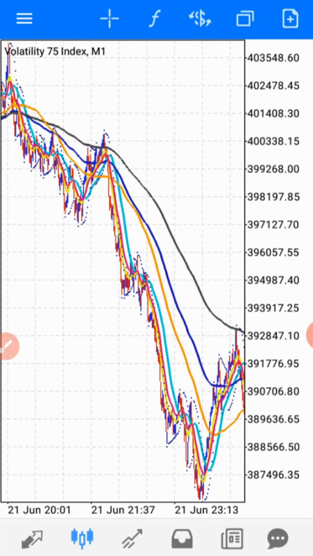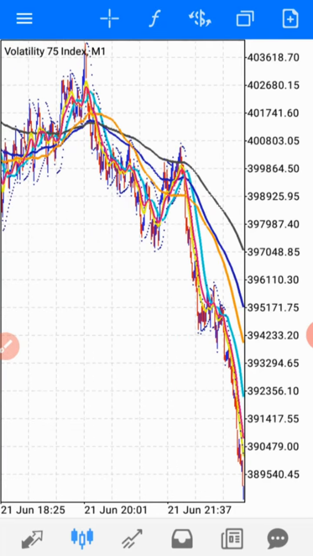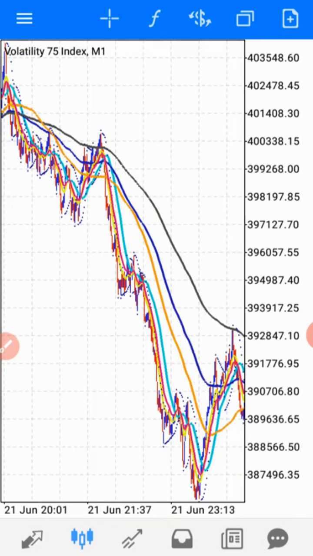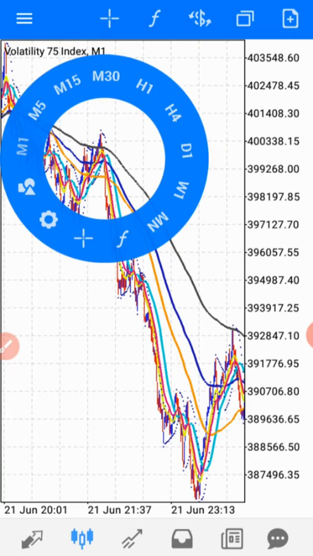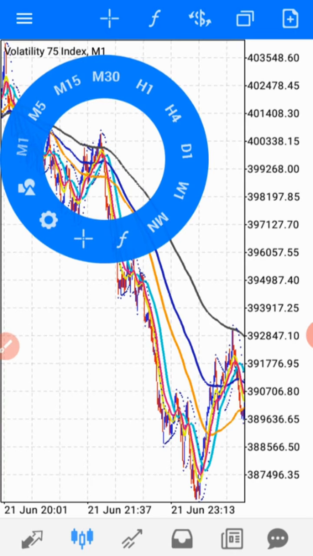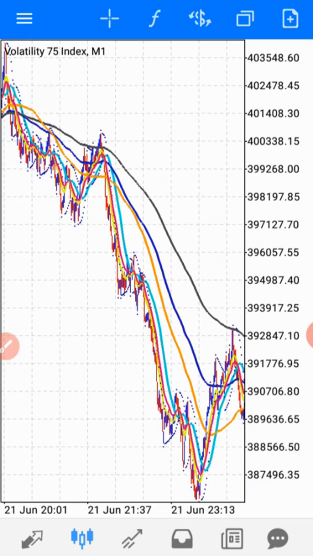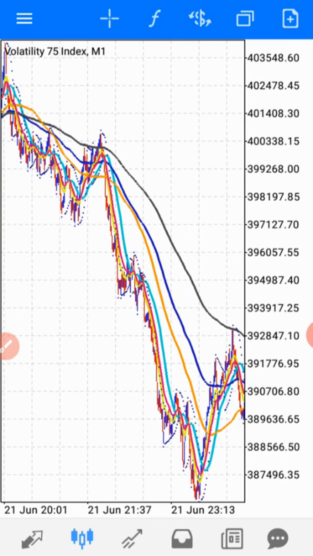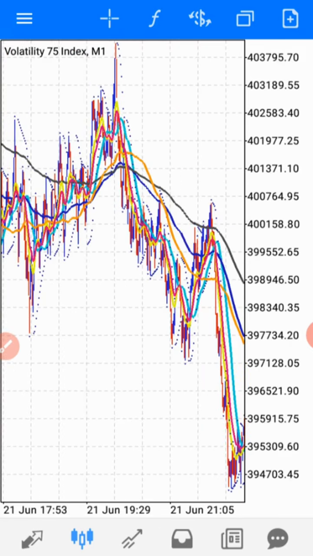Like here now, see the moving averages are not together anyhow, like here. Are you getting me? So look at this area, they are separated, but look at this area, they are scattered. So we don't want a case where they are going to be together after a kind of consolidation and blah blah blah.